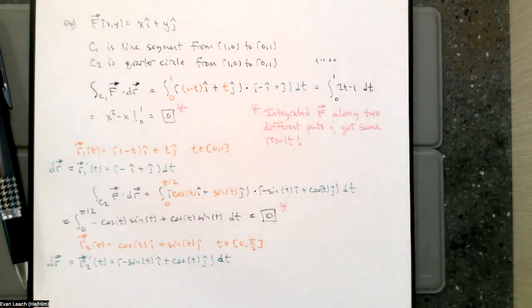In problem 123, we got different results when we integrated along different paths. In problem 124, we got the same result when we integrated along different paths.